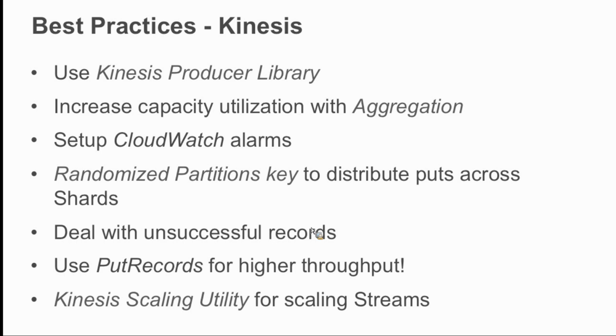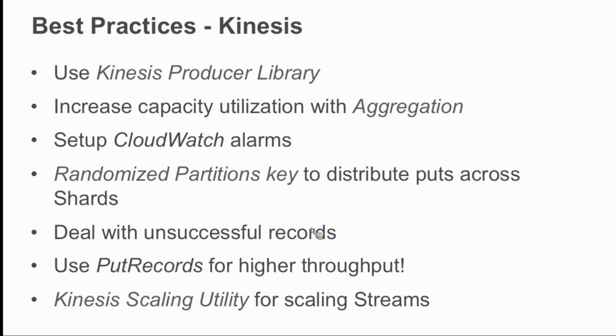You should try to combine your put records to maximize the utilization. Aggregate records, in other words, and submit them together through Kinesis. It's much more efficient. Set up CloudWatch alarms so you can keep track of how much your Kinesis streams are dealing with.